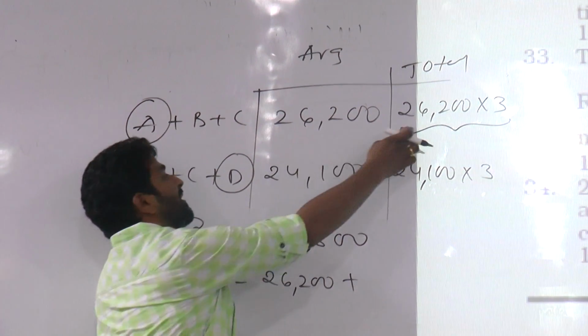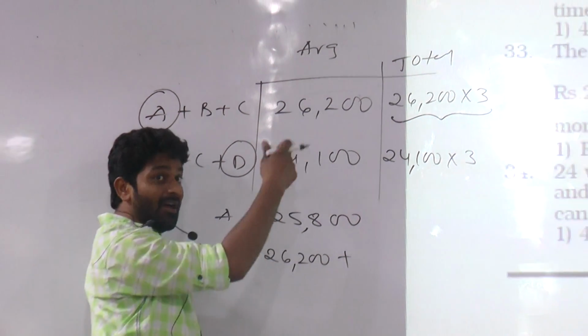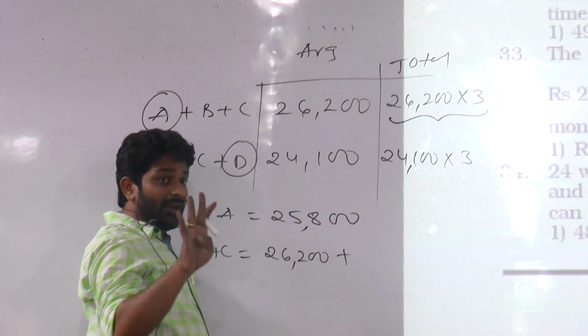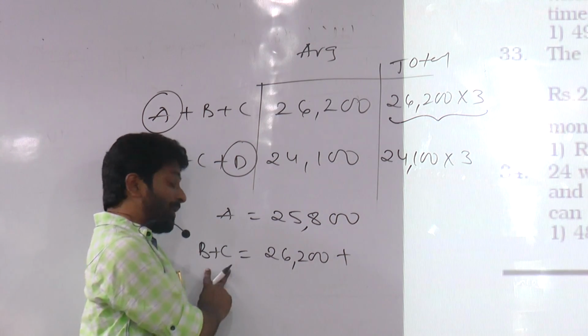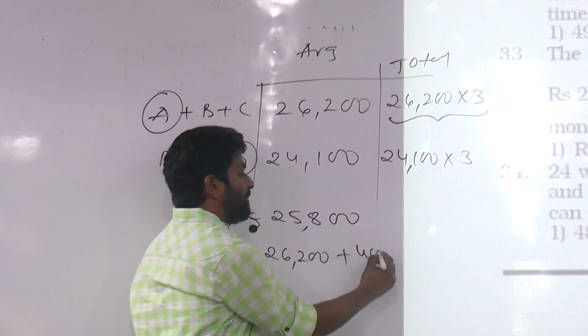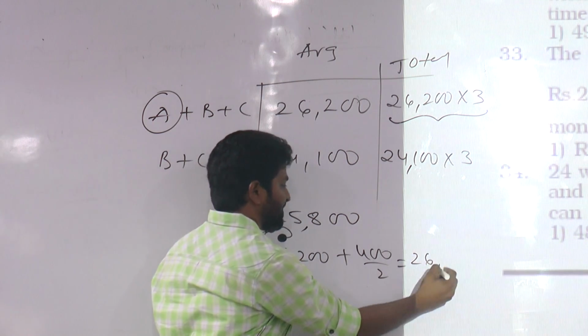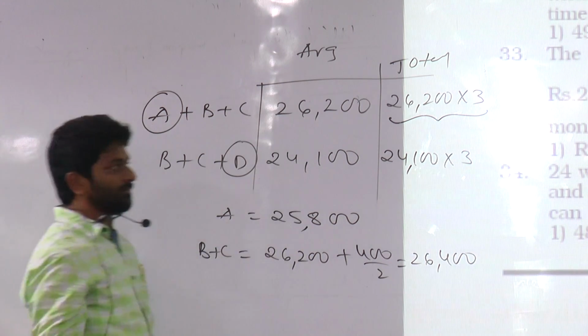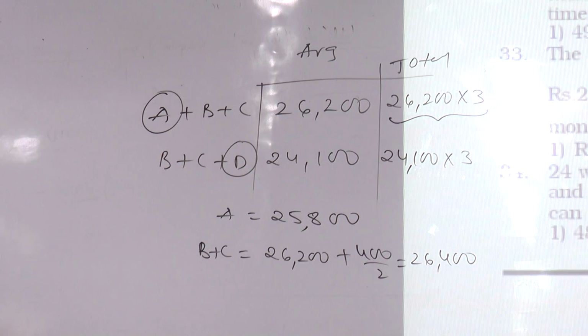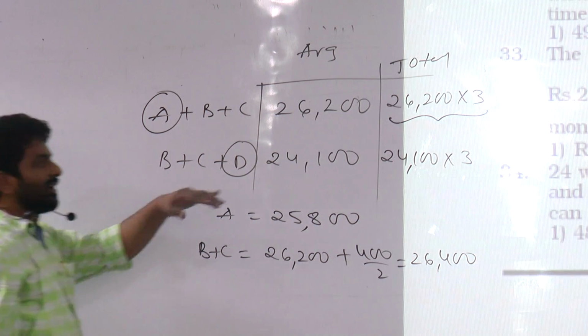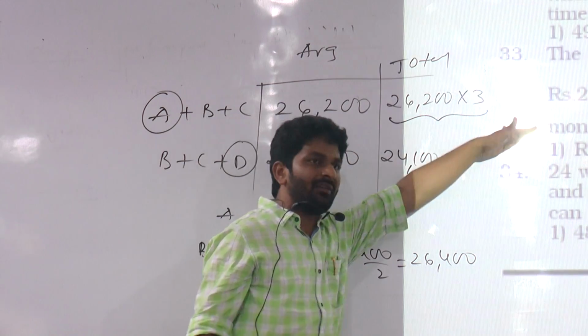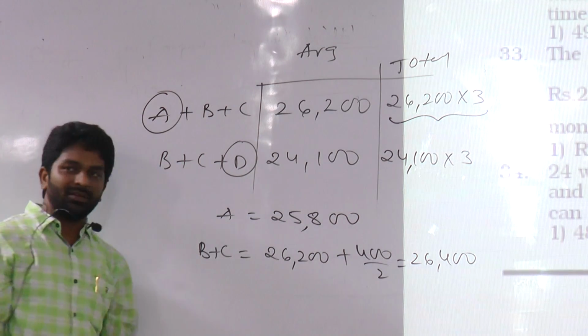A value is how many hundreds less than their average? 400. Now you need to distribute 400 among how many people? 2 people. So that will be 400 by 2, that is 200, so the answer is 26,400. Or else you will have to calculate this particular value, then subtract A value, and then again calculate average.